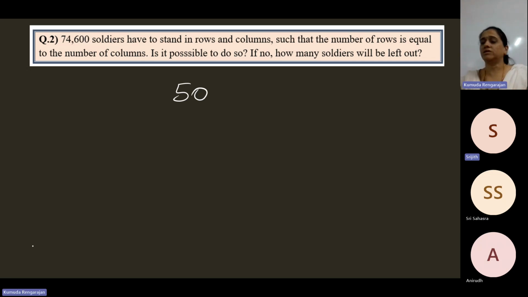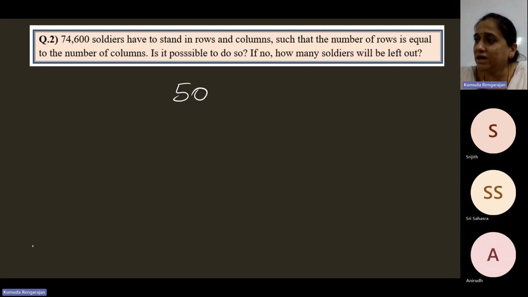So 49. Correct. If there are 50 children and these children have to be arranged in the form of a square, 49 children can be accommodated in the square and 1 child will be left out. So you can make 7 rows and 7 columns.